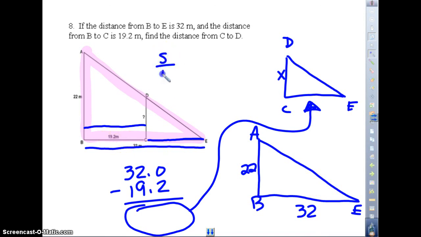If you do small to big, X is in the small. That corresponds to what length in the big? Go back to the small. What's this distance here? It's the difference between 32, this distance here, and this little piece of 19.2. So whatever you got right here goes in for the small.